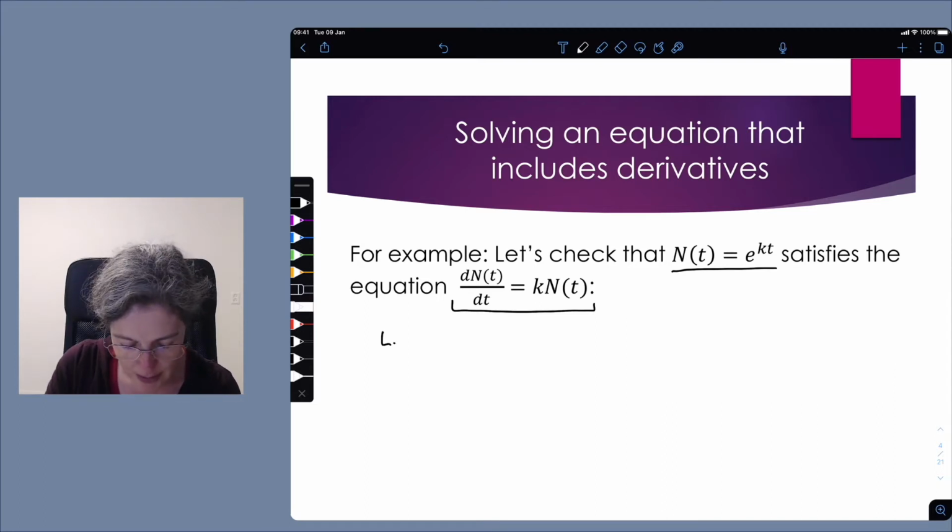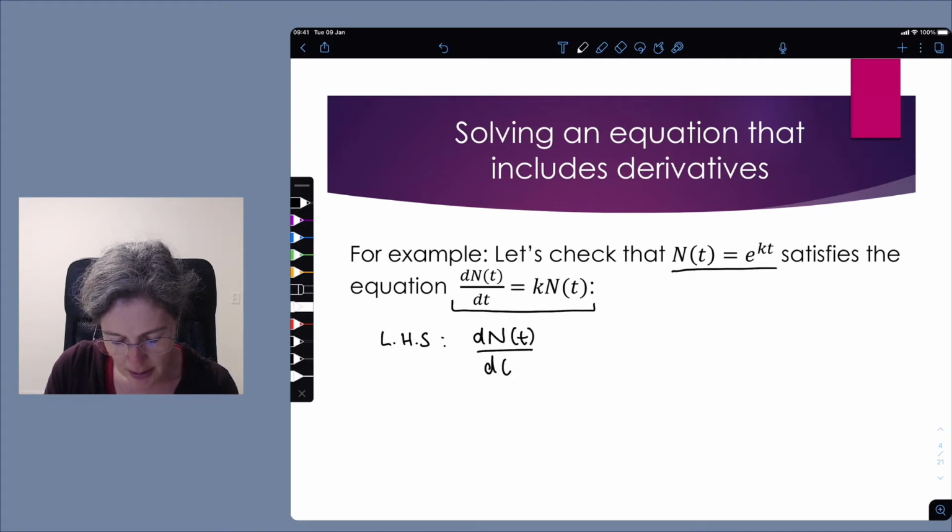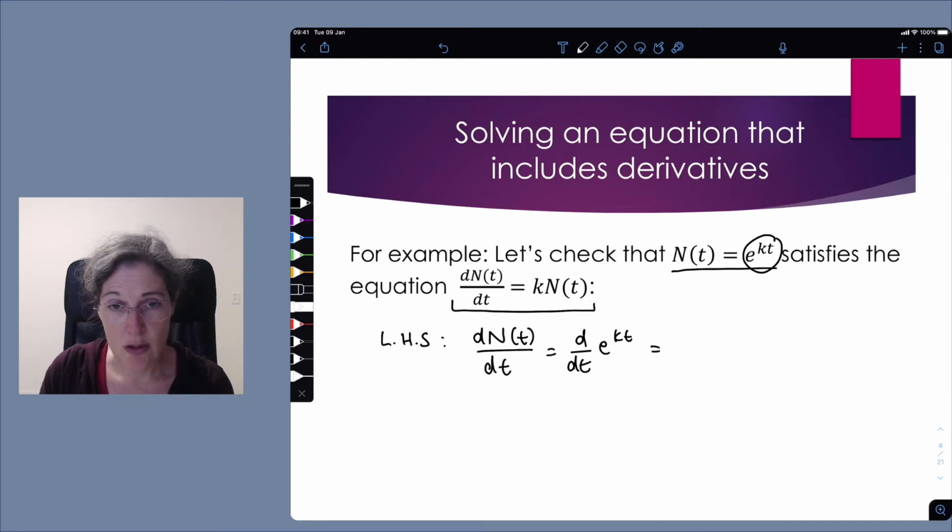On the left-hand side, we get dN of t by dt, which is d by dt of e to the kt, and we know that the derivative of e to the kt with respect to t is k e to the kt.